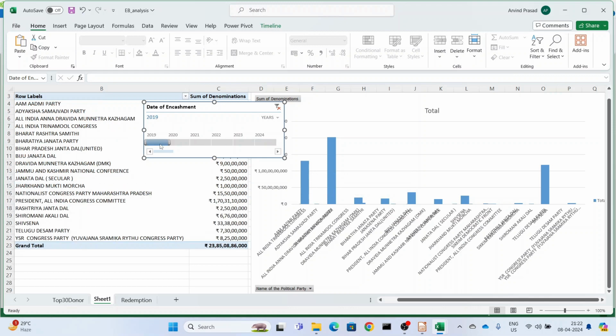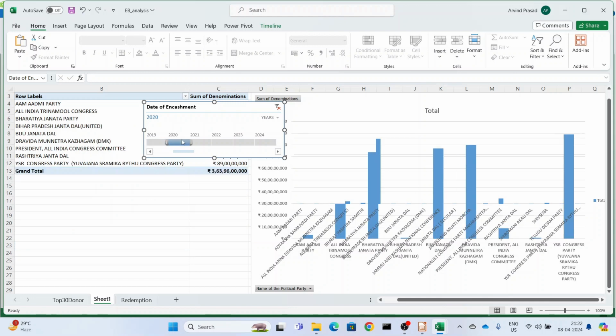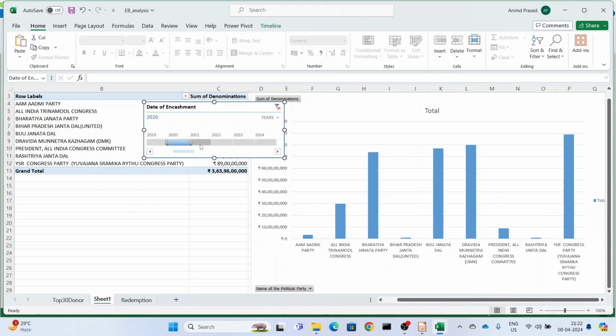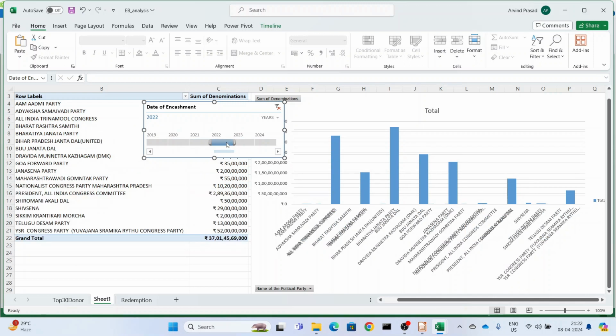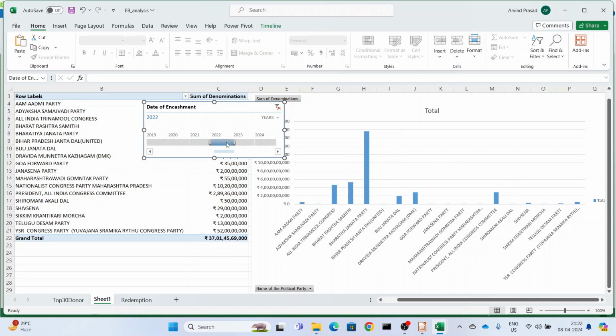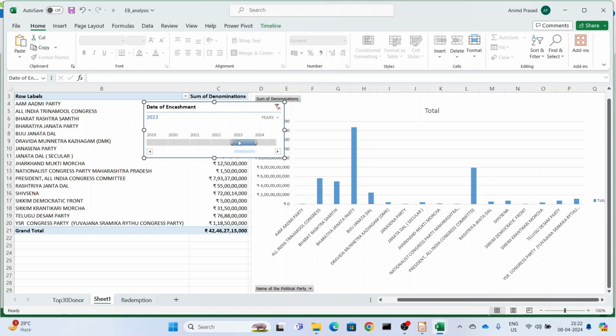Now, what explains this? BJP, top, then slowly a redistribution, then again a redistribution, then again BJP. Then again, if you go to see, BJP is the highest.